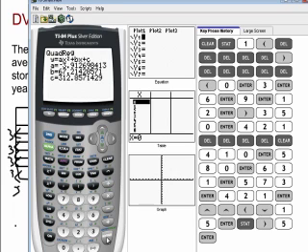This time I'm going to round to 2 decimal places. So that's going to be negative 3.91 x squared plus 67.21 x plus 312.86.